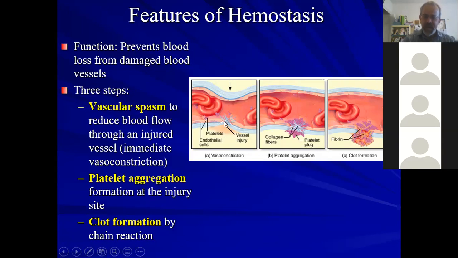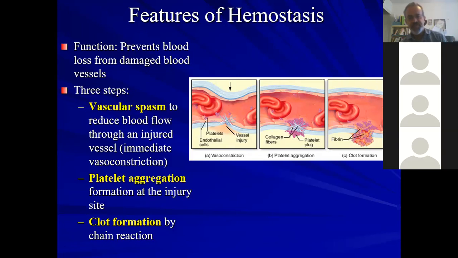And this forms kind of like a plug. I like to think of it as almost like rubber cement. It's kind of like a temporary seal. This is not the clot. This is like a temporary seal until a clot is eventually formed. So for the next several slides, we're going to go through this process in some fair amount of detail.